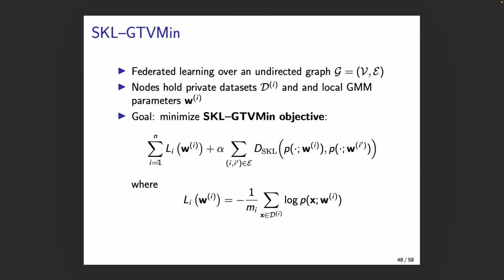In our case, what we actually want to do is maximize the log likelihood on the local data set. But additionally, we introduce this penalty term, which enforces all of the connected models to result in similar GMM models, in similar distributions.